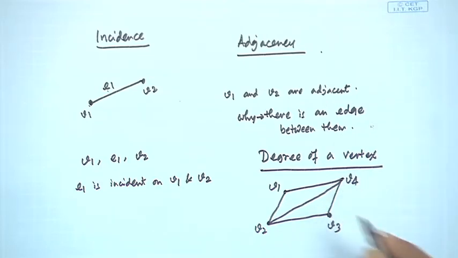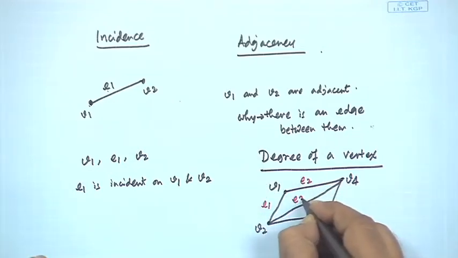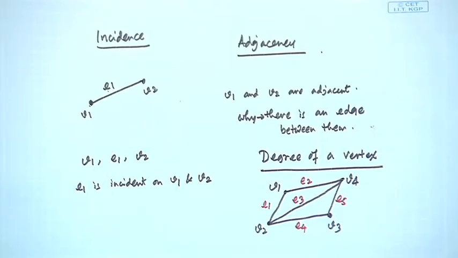So, we have a graph of 4 vertices and I have not labeled the edges. Let us label the edges also, the E1, E2, E3, E4 and E5. So, we have a graph of 4 vertices and 5 edges. So, how many edges are incident on a given vertex? That is the measure of the degree of that particular vertex.